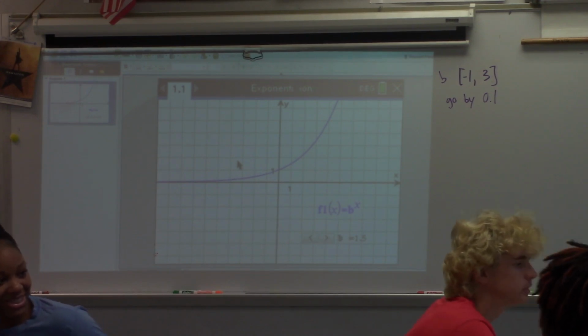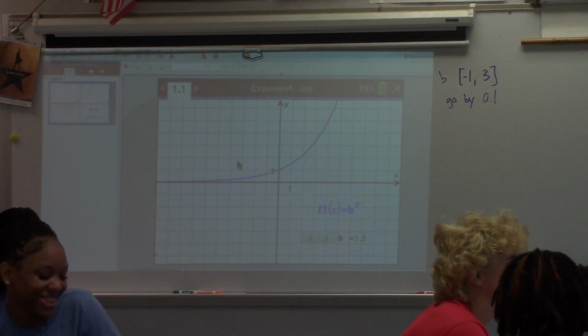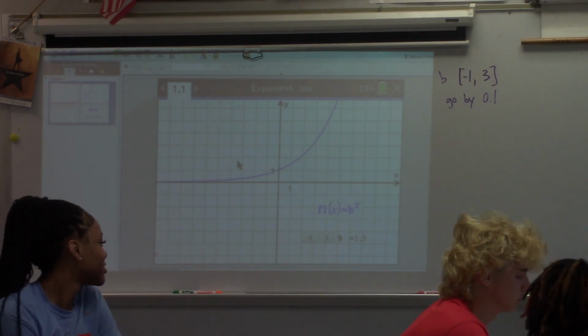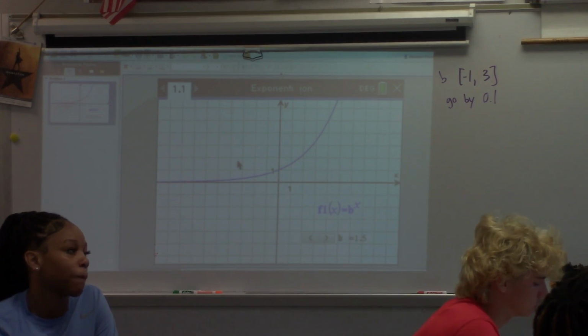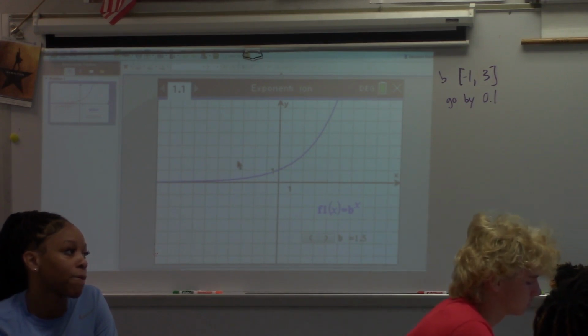Oh, by the way, guys, I should have reminded you of some exponential function language. We have two different shapes for exponential functions. Does anyone remember what they're called?